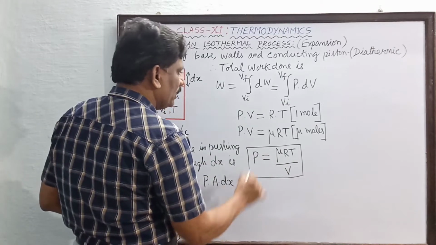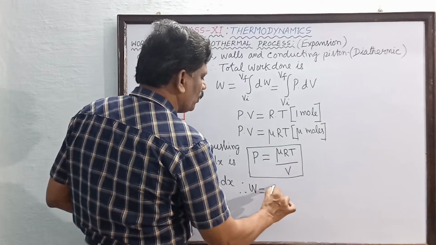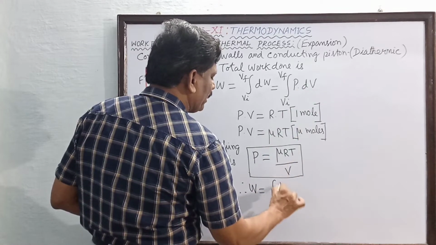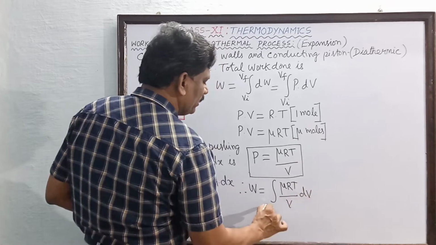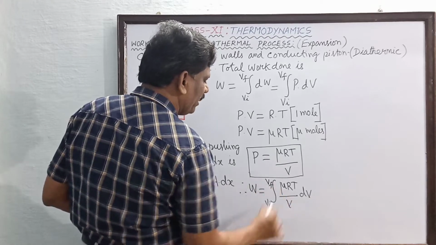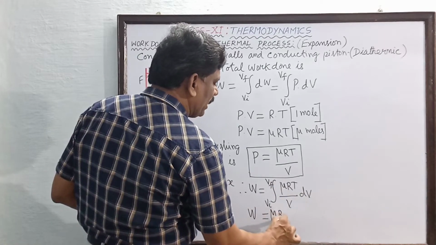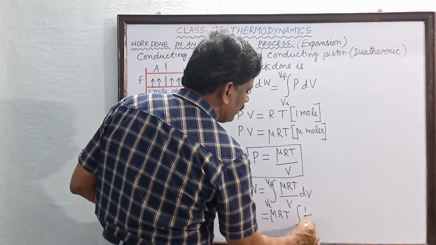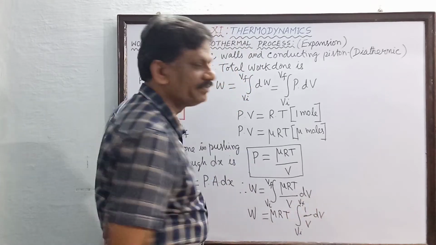So in place of P in this equation, we can substitute mu RT by V. Therefore W is now equal to the integral of P dV. Instead of P, I can write mu RT divided by V into dV, once again with the limits V initial to V final. So we can also write W equal to mu R T, taking the constants out, times the integral of 1 by V dV between the limits V initial to V final.